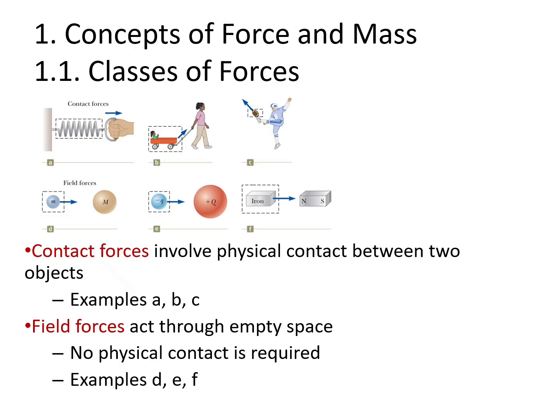Electric and magnetic forces can also act across empty space. A charged object can attract or repel another charged object, and a magnet can affect another magnet without touching it. The words contact and field describe how the interaction appears at the scale of the problem.